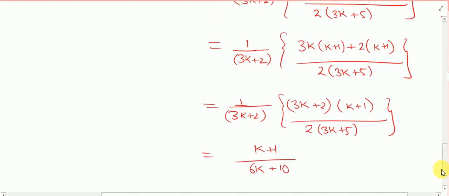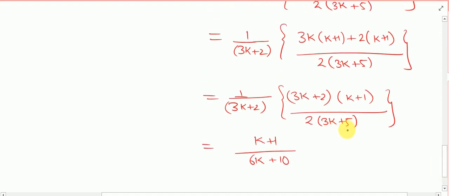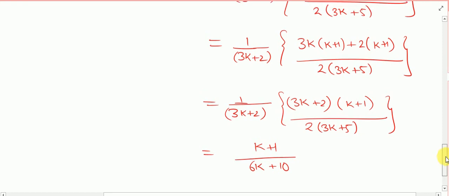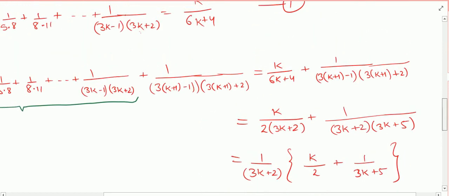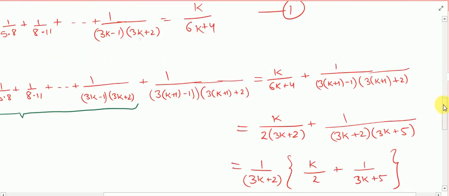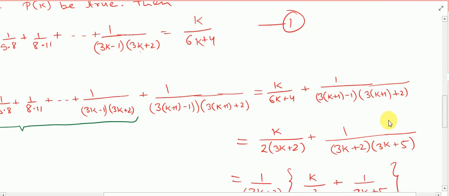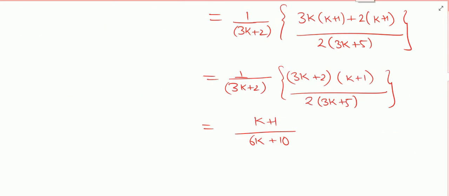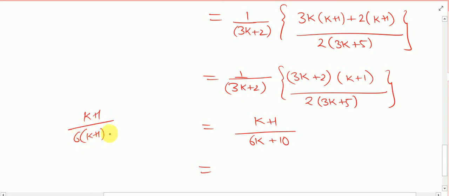So somewhere we have gone wrong. This should not be 5. Let me check once. Okay, it's correct. Here in the numerator we got k plus 1, so down also we are looking for this: k plus 1 upon 6 times k plus 1 plus 4.